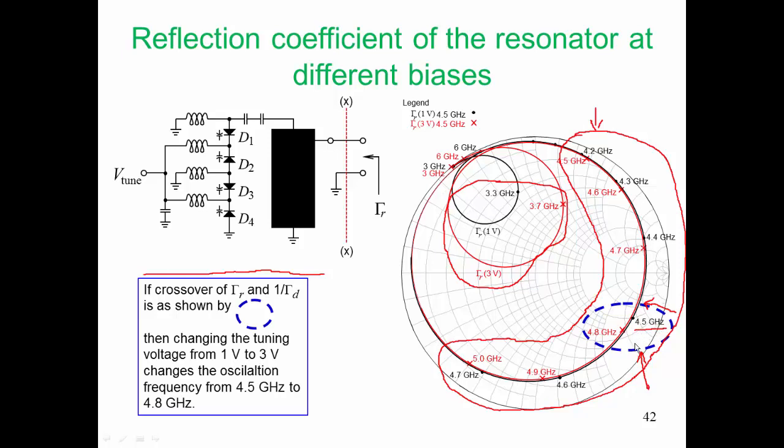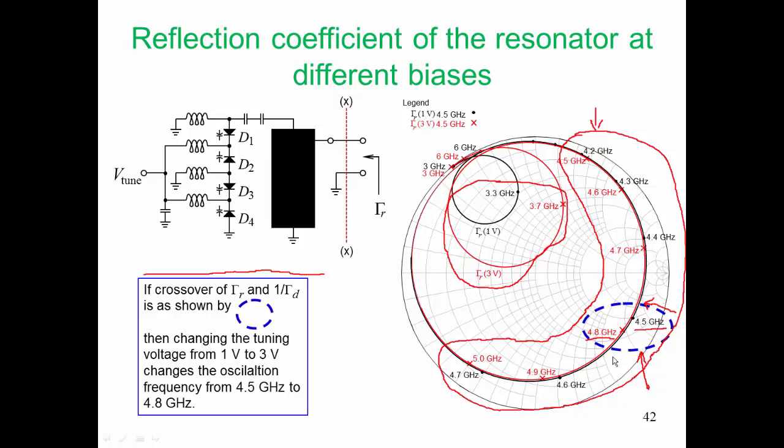When we change the tuning voltage to 3 volts, we have a cross here at 4.8 gigahertz. The dot and the cross aren't at exactly the same point, but approximately, changing the tuning voltage from 1 volt to 3 volts has changed the oscillation frequency from 4.5 gigahertz to 4.8 gigahertz.